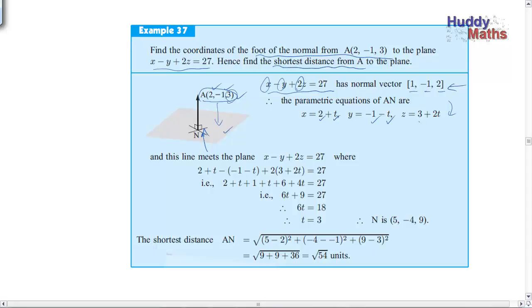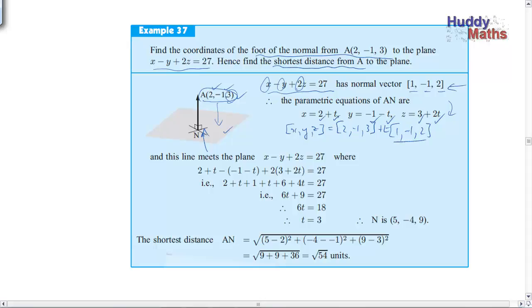going straight to the parametric equations, 3 plus 2t, because you're generating the parametric equations directly rather than saying what? (x, y, z) equals (2, -1, 3) plus t times (1, -1, 2), because you're on the normal vector coming into that plane.